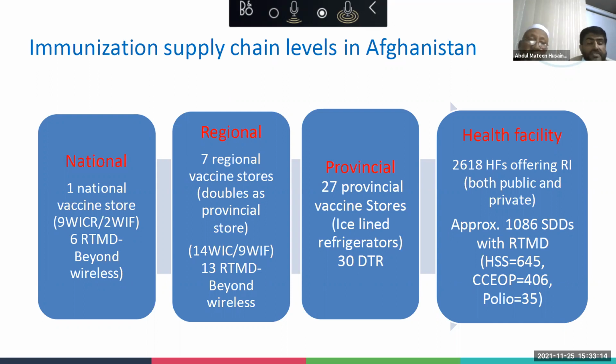As you might be aware, Afghanistan is a landlocked country in Central Asia. Its geography is hilly and mountainous, and for more than 6 months there is snowfall, and the roads are almost blocked.